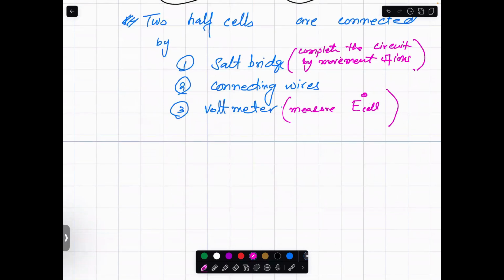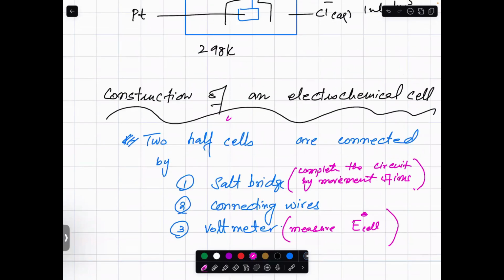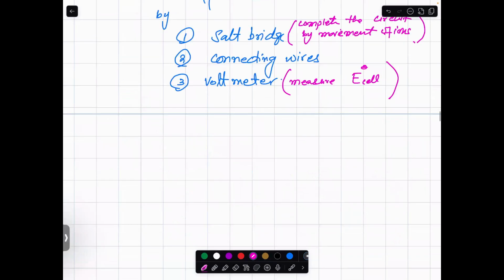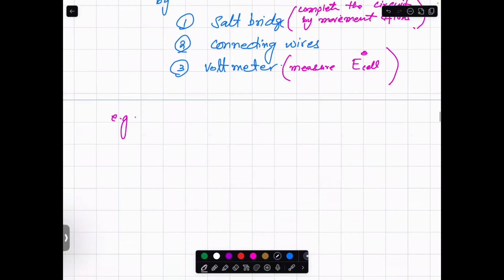Now, how will you construct? We are also constructing this under standard conditions. For example, in the paper they ask: MnO4 minus, 8H plus, 5 electrons, Mn2 plus, 4 water, 1.52 volt.